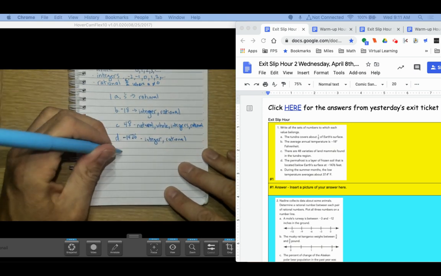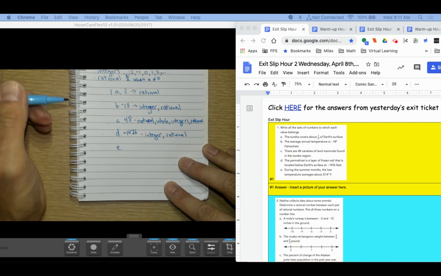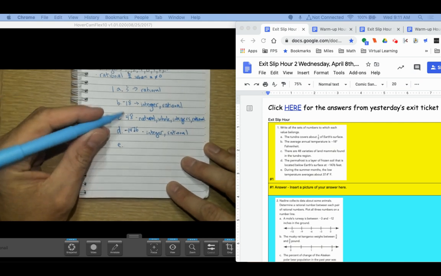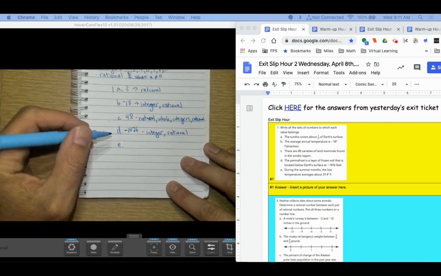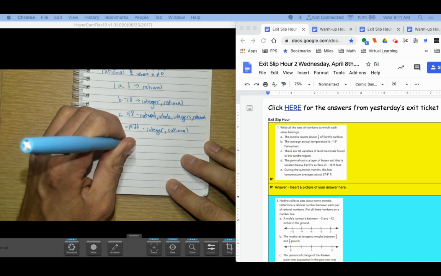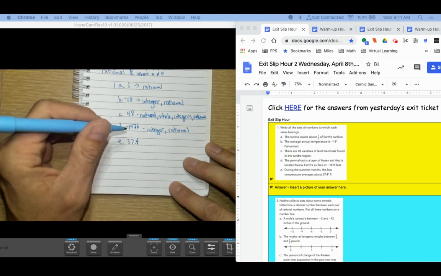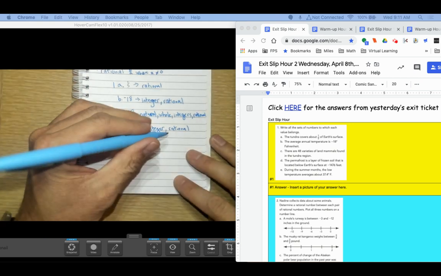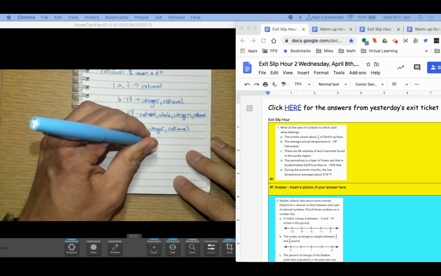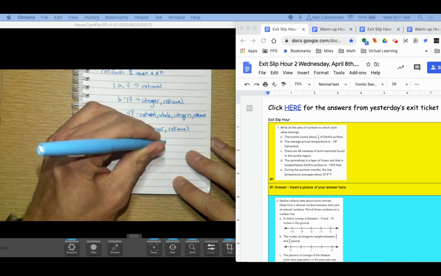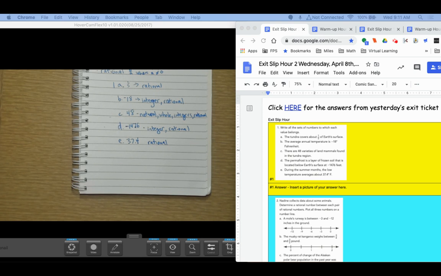And then finally, for E, during the summer months, the low temperature averages about 37.4 degrees Fahrenheit, and that's a decimal, and so a decimal is just going to be able to be expressed as a rational number. You can just write that as a fraction, 37 4/10. All right, and so we just had to classify for number 1 which category or categories each of these particular numbers belonged in.